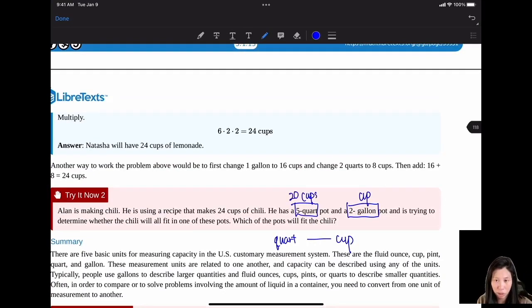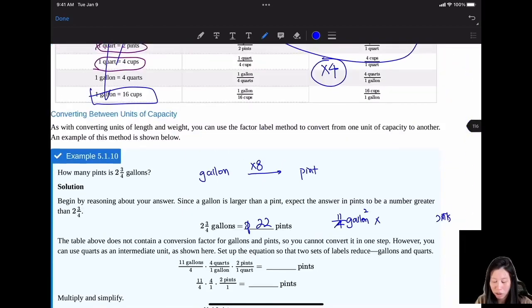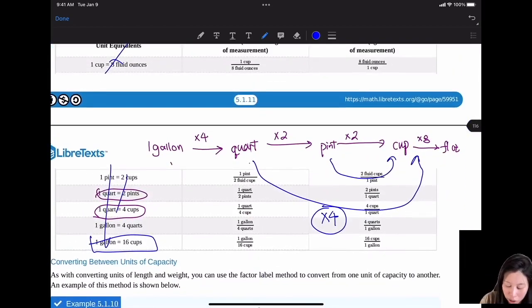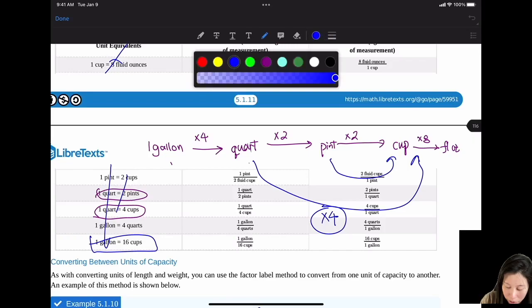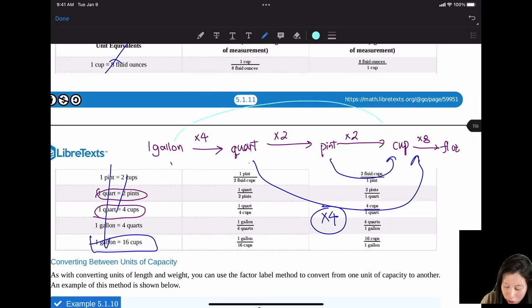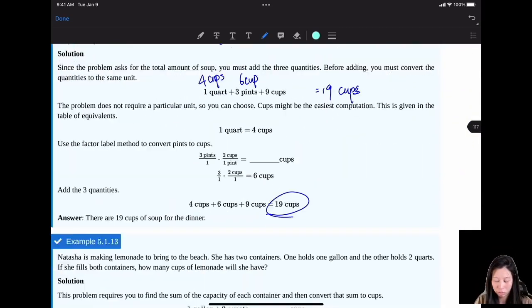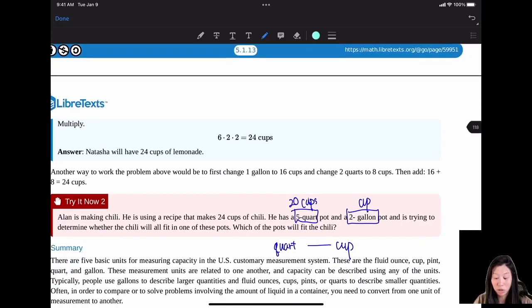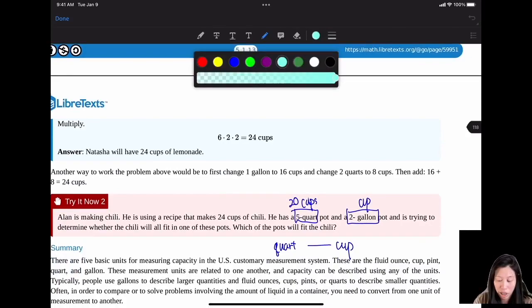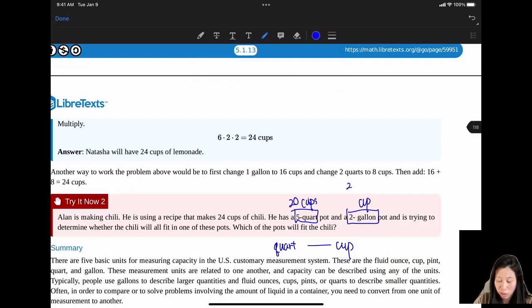And gallon to cup is times 4 times 2 times 2, so in total times 16. So 1 gallon equals 16 cups. Now you have 2 gallons. So 2 times 16 is 32 cups.